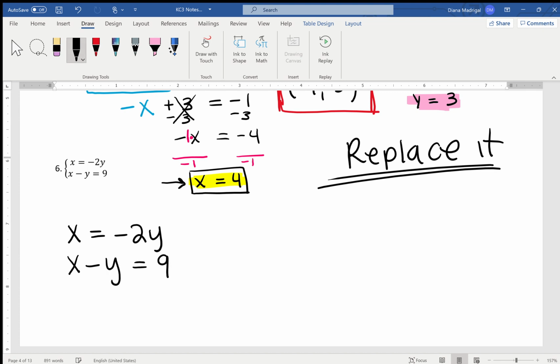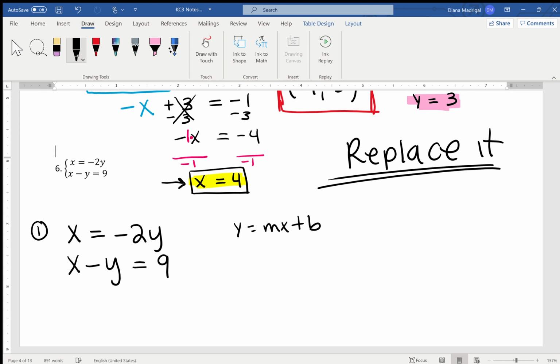All right, for this one, we have the first equation. It doesn't look like slope-intercept form, which is y equals mx plus b. It does not look like it, right?